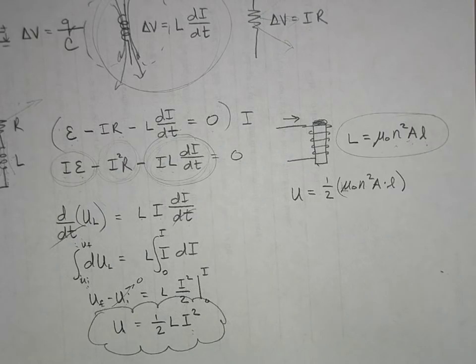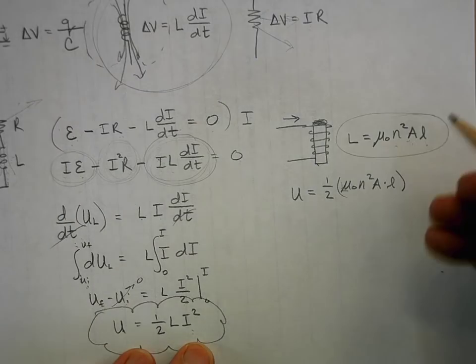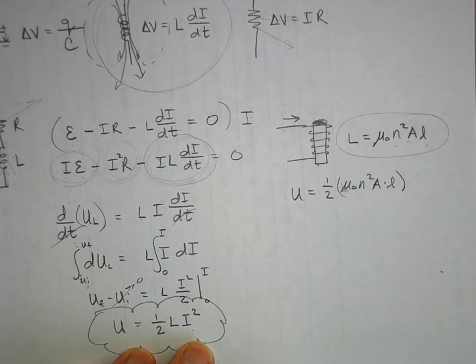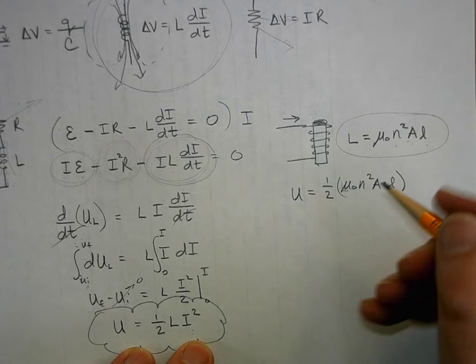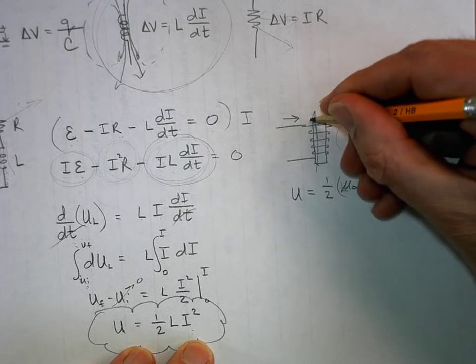But there's one other thing I want: to express this in terms of the magnetic field inside. So what do we know is true about the magnetic field inside an inductor? What's the strength of the B field in there?